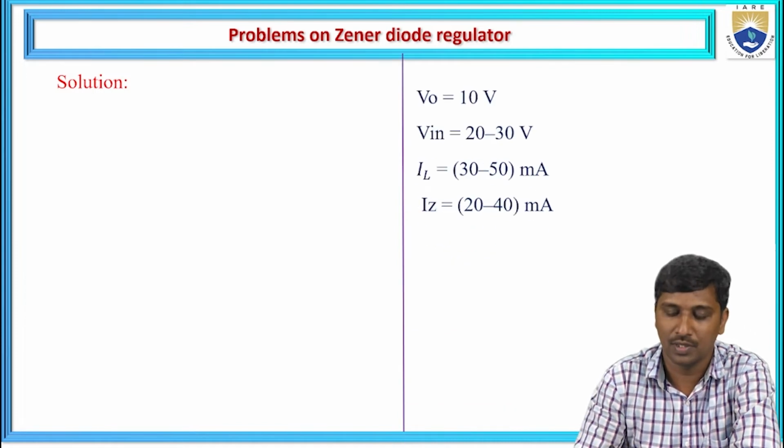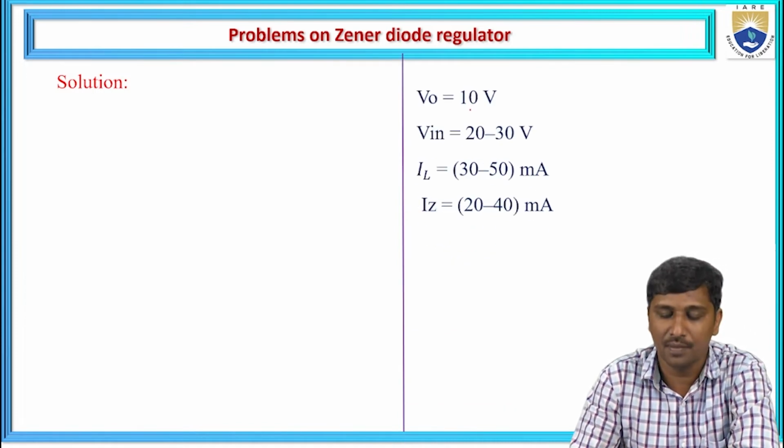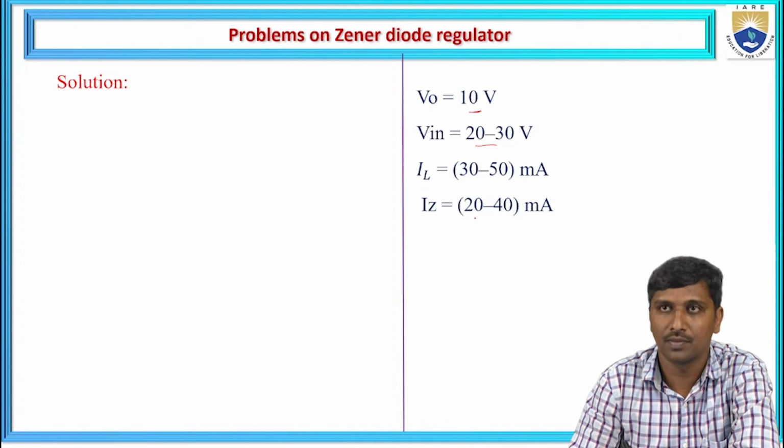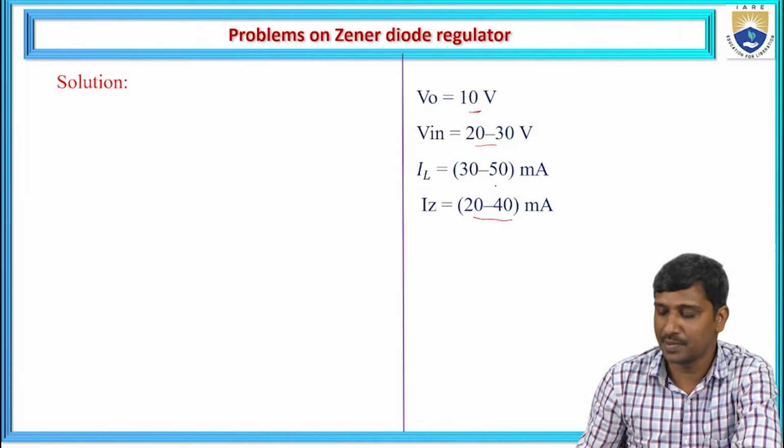So first I noted down the given specifications here. The output voltage is 10 volts, the input lies between 20 to 30 volts, the load current is 30 to 50 milliamperes and the Zener current is 20 to 40 milliamperes.